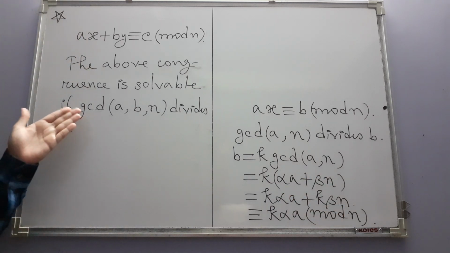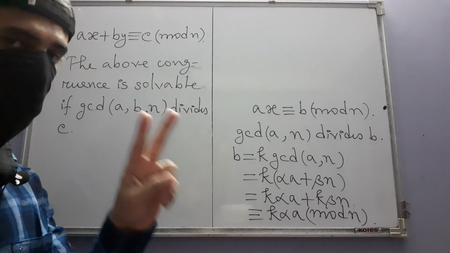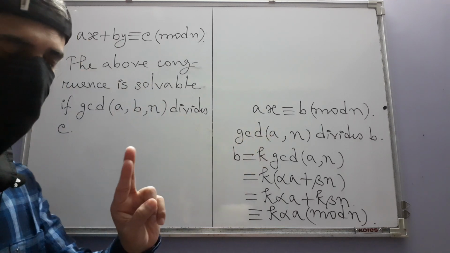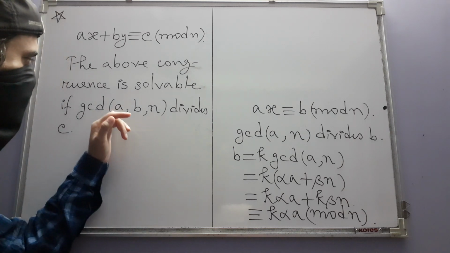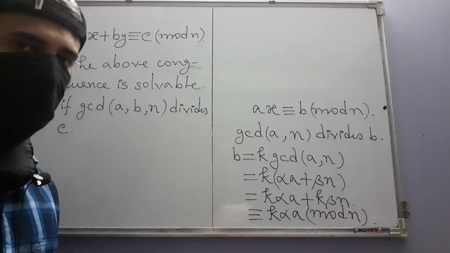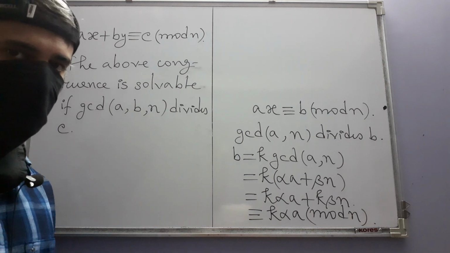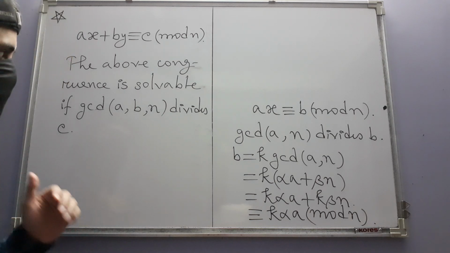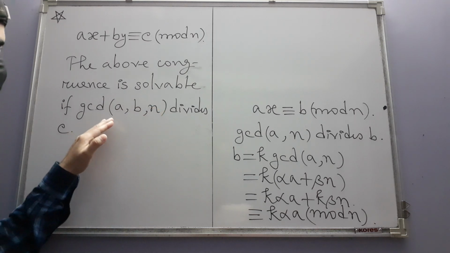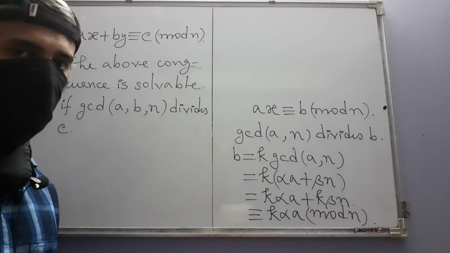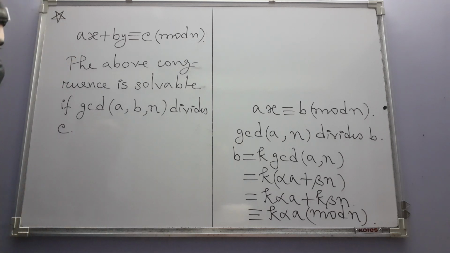A similar thing happens here also. Here we have GCD of A, B and N because we have two coefficients instead of this one here. So this GCD itself is also a linear combination of A, B and N. If you go back to the theory of GCDs, there at the end of that section you will see a small discussion about how to extend the notion of GCD from two numbers to three numbers and in fact any finite number of integers.